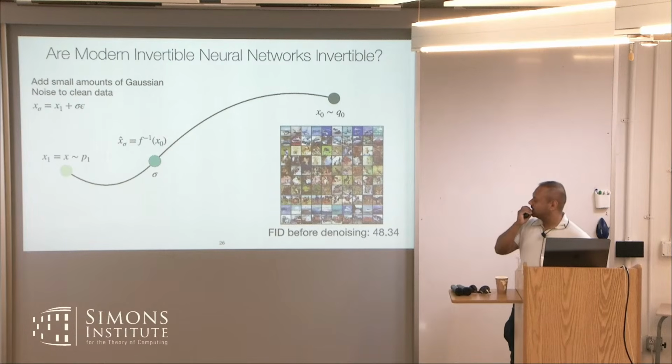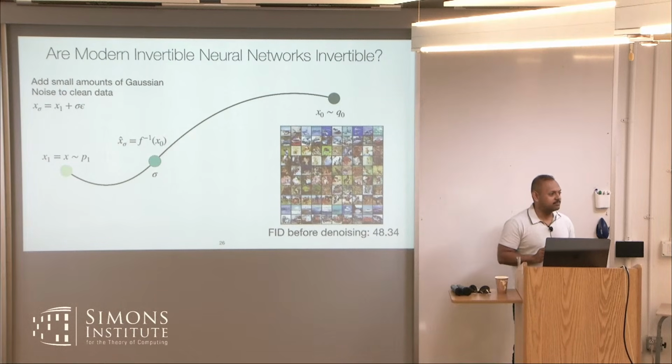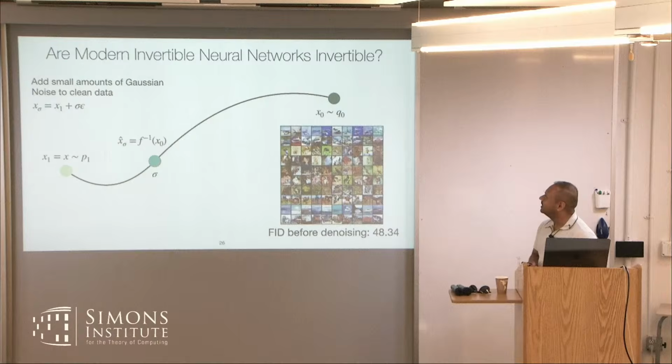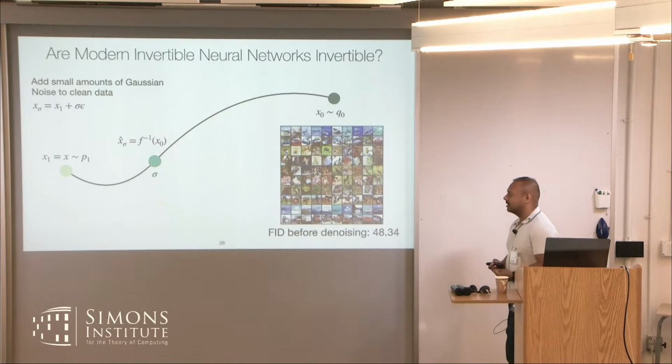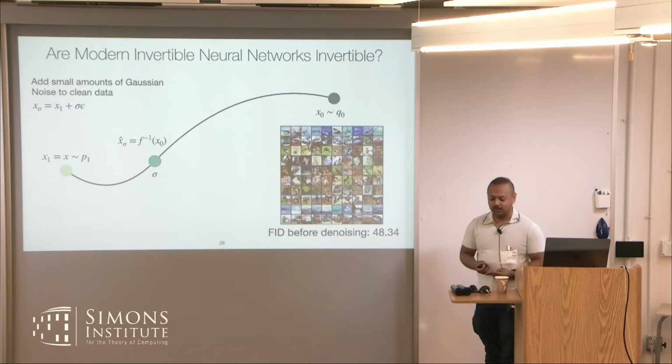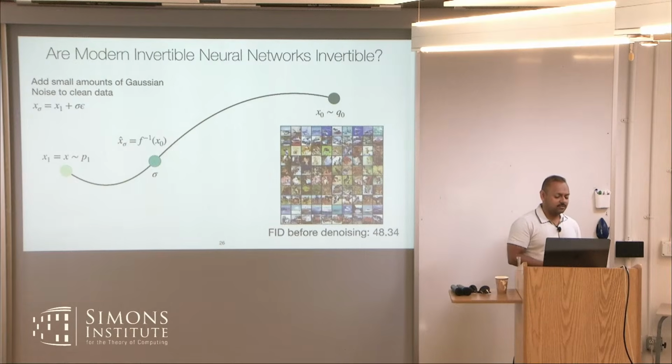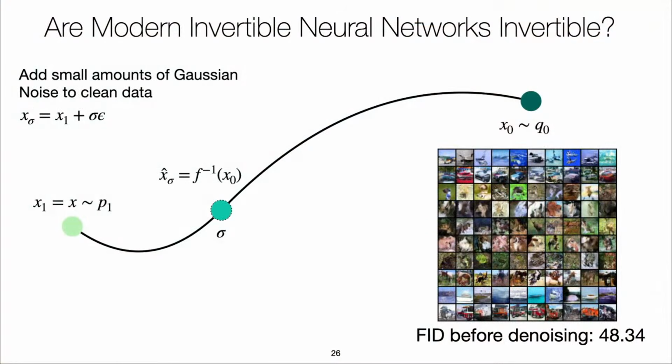Okay, so this is, I guess, the first interesting part of the talk. When we build these modern invertible networks, one of the defining properties is that they should be invertible. But if you look at how these models are trained, what they in effect do is add a little bit of Gaussian noise to your data. In this case, I'm assuming the data is images. And then you learn how to do maximum likelihood over here.